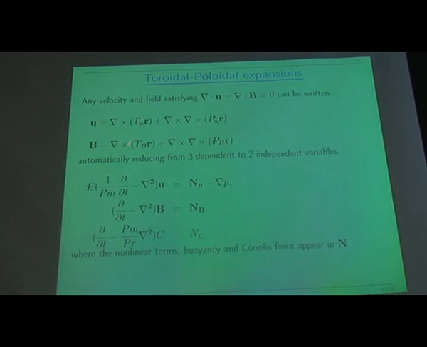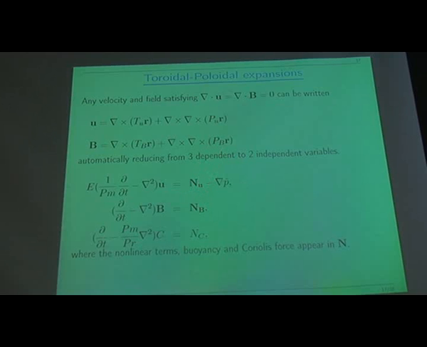Then you insert these expansions into toroidal and poloidal parts, toroidal magnetic, poloidal magnetic, and you put those into the equations of motion, and you write the equations of motion in a particular way. That is to take the time-dependent term and the viscous term out on one side over here, and you put everything else over here in N_u, which stands for non-linear because it's got non-linear terms in there.